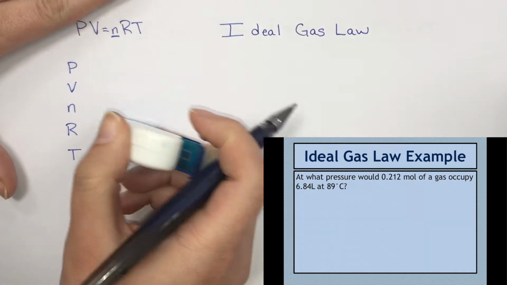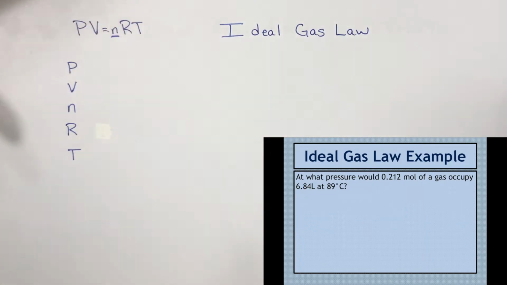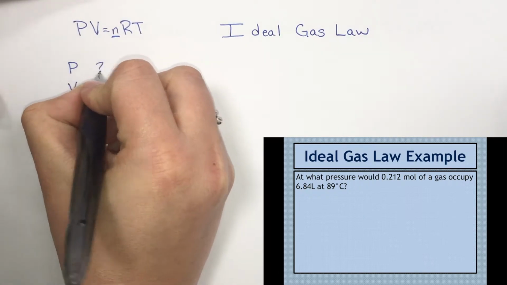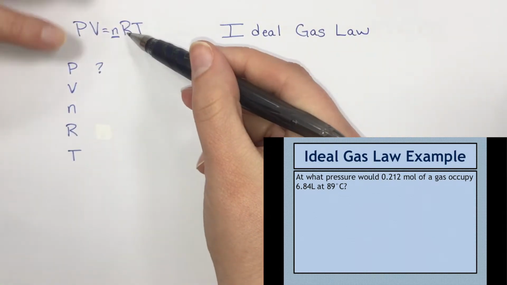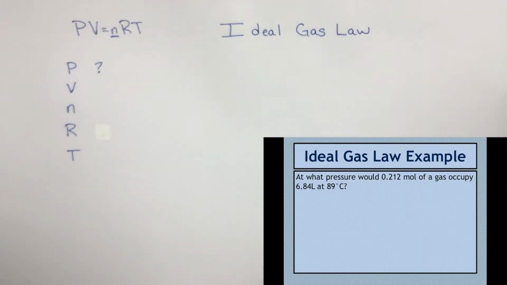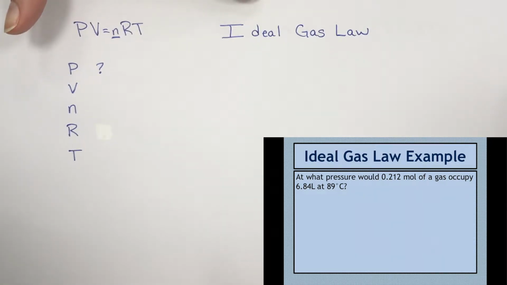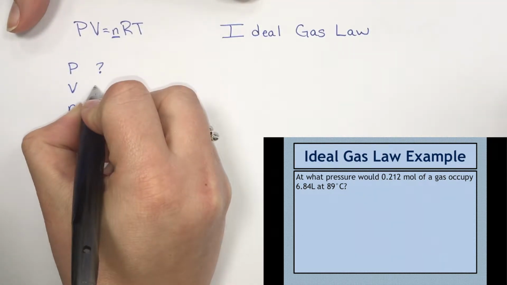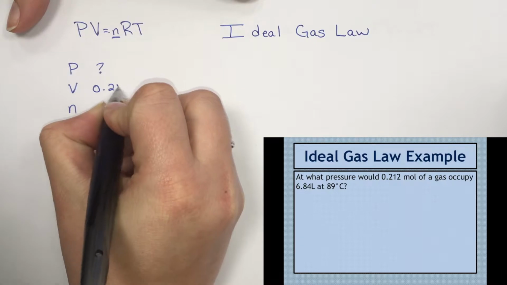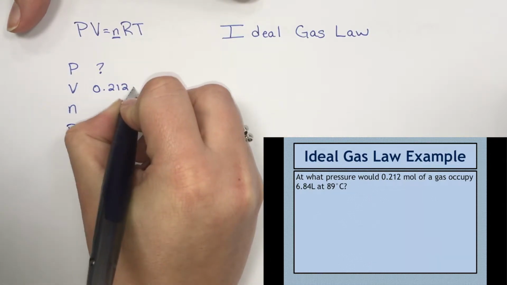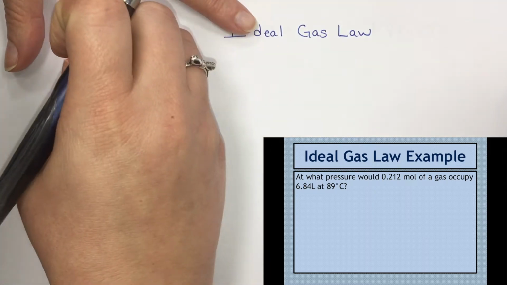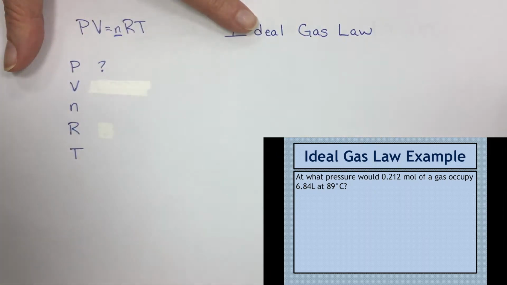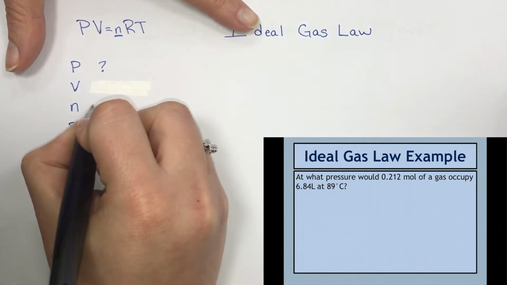You don't isolate R, it's a constant. The variable we need to isolate is P. R is a constant, we always know it, we will never isolate it.